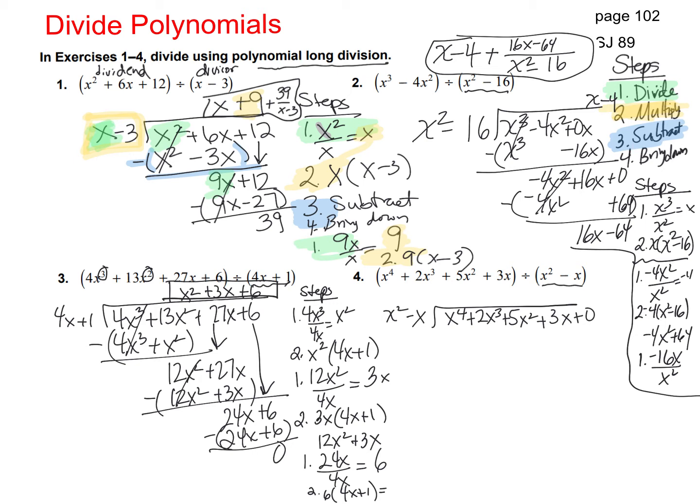Okay, I'm going to divide. X to the 4th divided by x squared. That's x squared. Multiply x to the 4th minus x cubed.